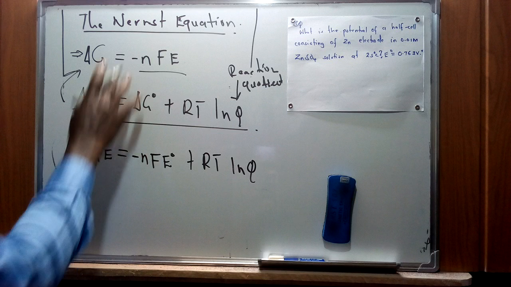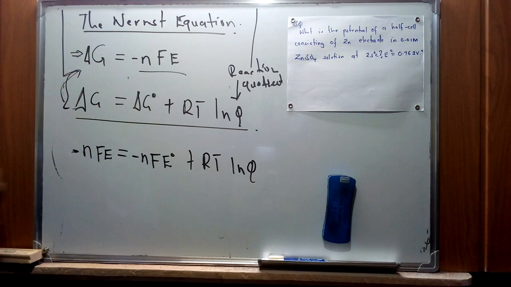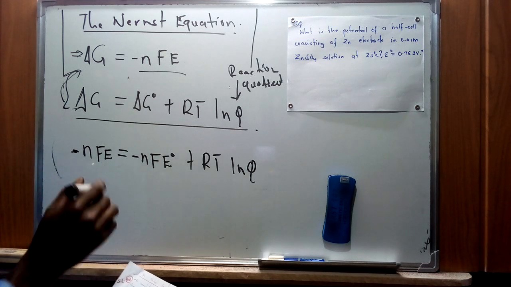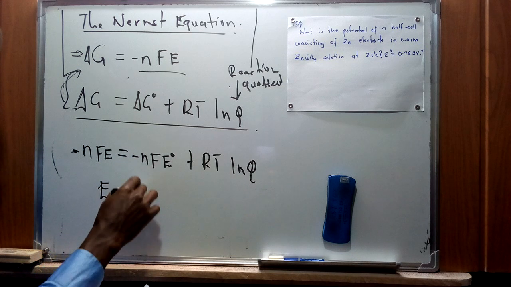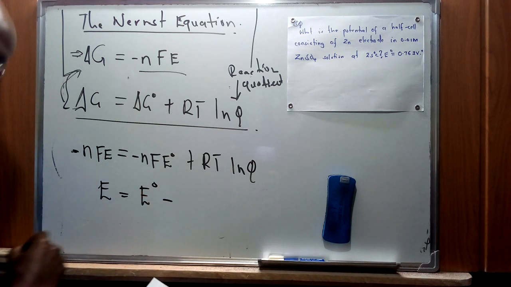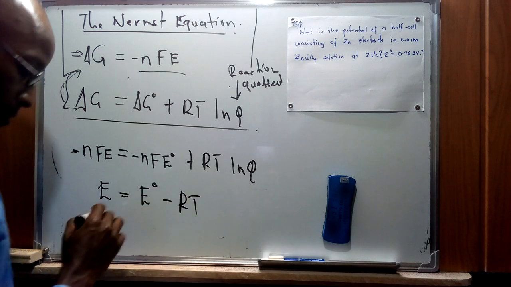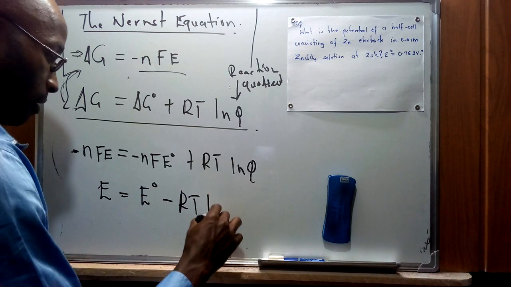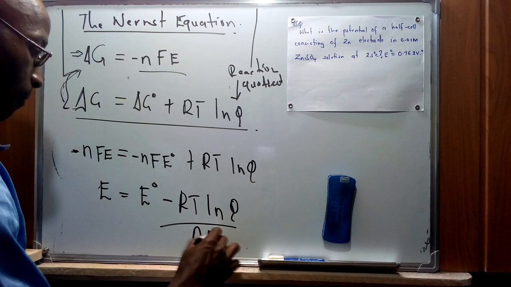So the connection between those two equations is going to give us this relationship, whereby E equals E standard minus RT natural log of Q over nF.